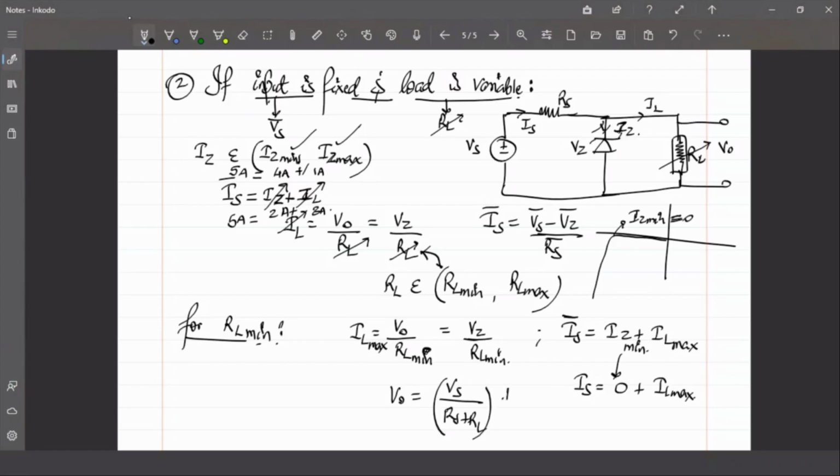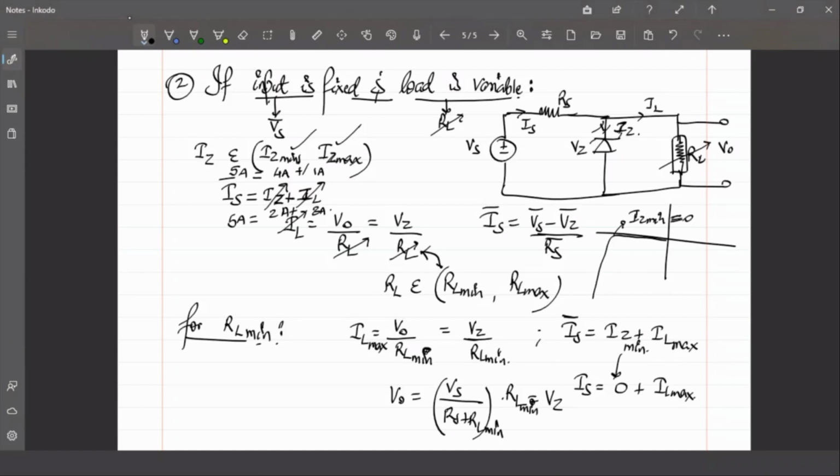This current multiplied by RL will be the output voltage V naught, and at the boundary condition we still want this voltage to be equal to Vz, isn't it? But what is the value of RL in this condition? RL is nothing but RL minimum.